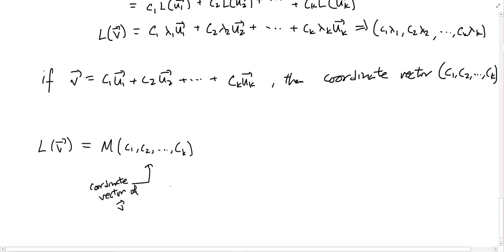Now I can define this in matrix form, because all I'm trying to do is multiply each of these numbers by the corresponding lambda. And to do that in matrix form, it requires a very basic matrix called a diagonal matrix.